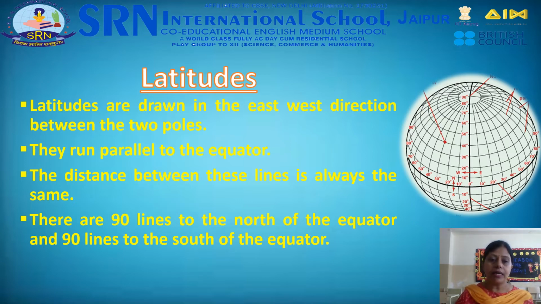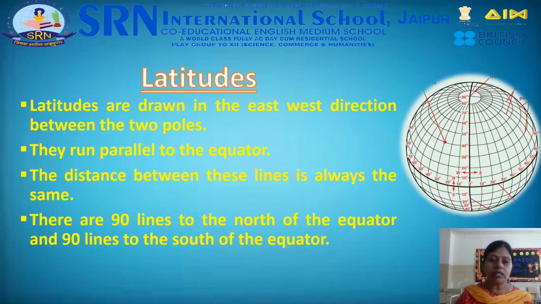There are 90 lines to the north of the equator and 90 lines to the south of the equator. Thus, in all, there are 180 parallels of latitude.